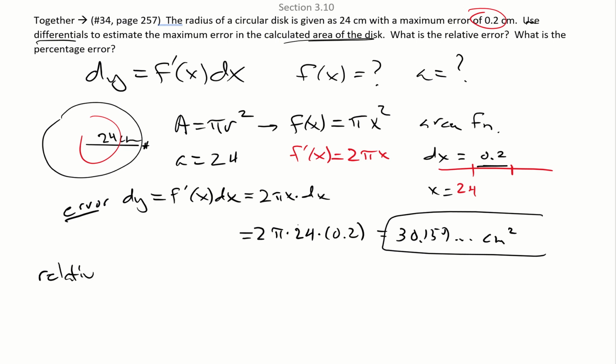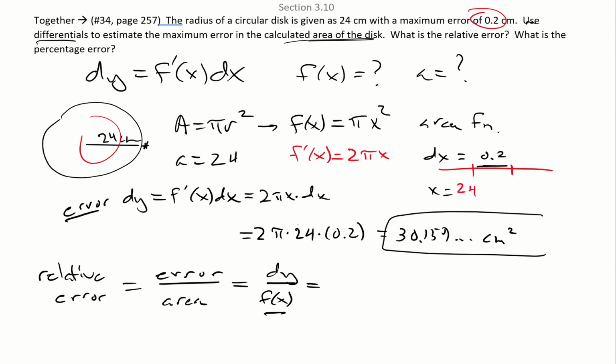Relative error is the error you get, which we just got, divided by the area that we would normally think it was. The actual function value and then the error divided by it. So how big is the error compared to the actual area?